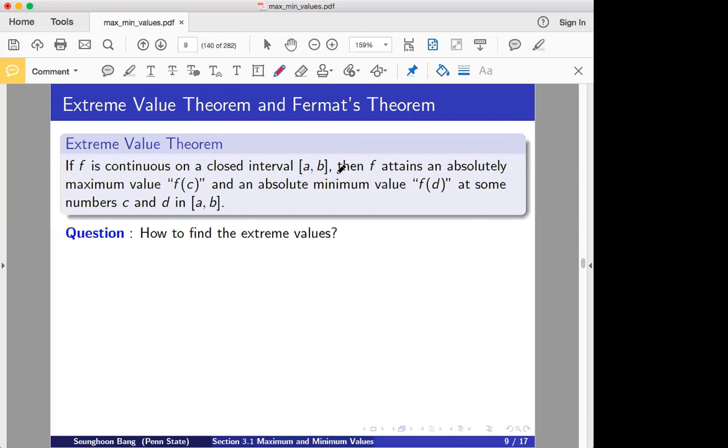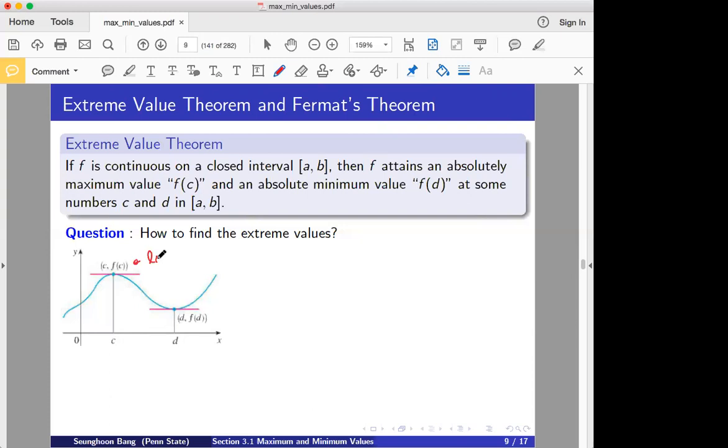One more question. How do we find the extreme value? The extreme value is a maximum or minimum. I'm going to give one idea. F of c is a local maximum, right? What's f of d? F of d is a local minimum.